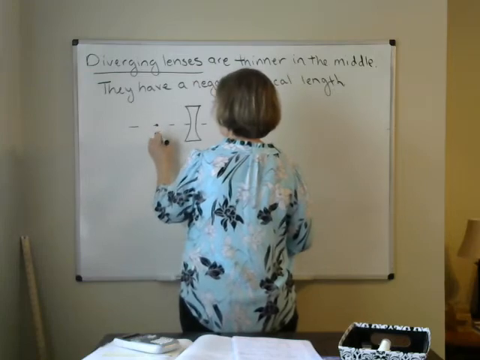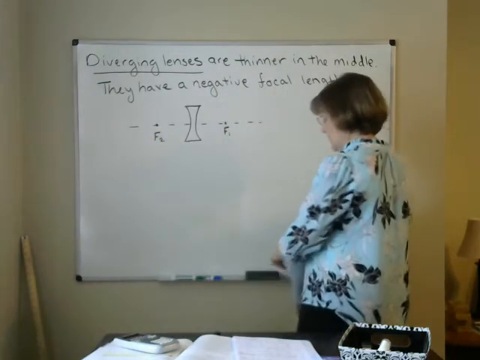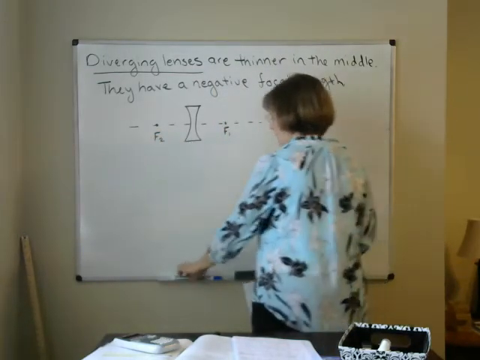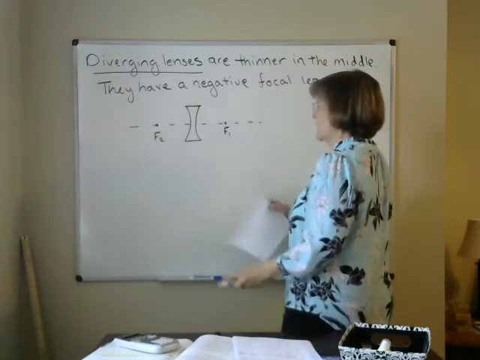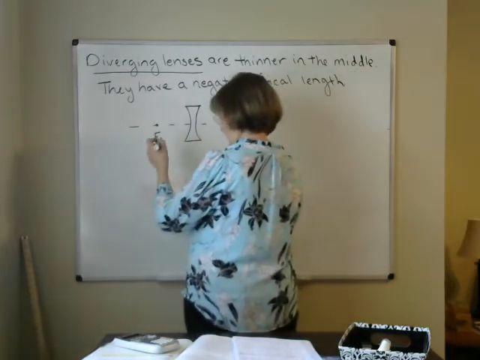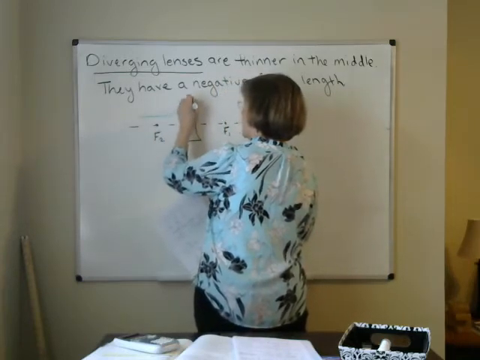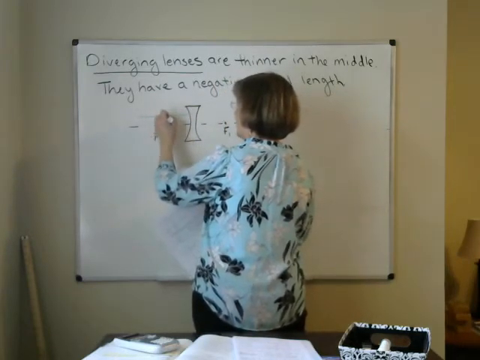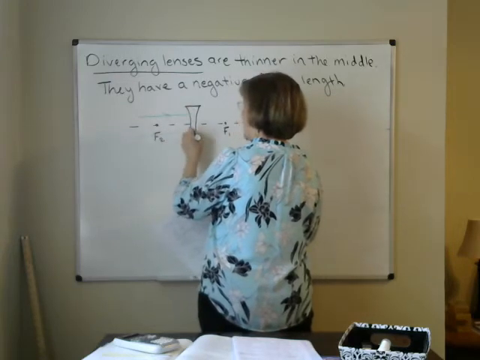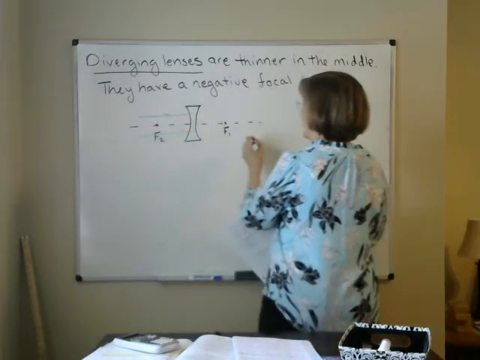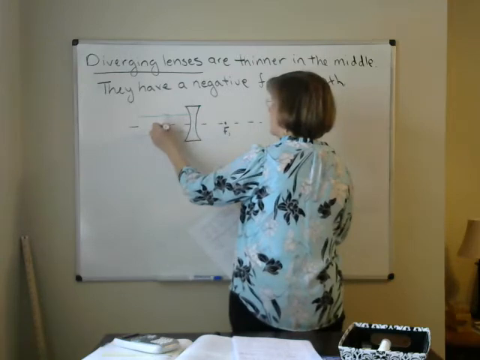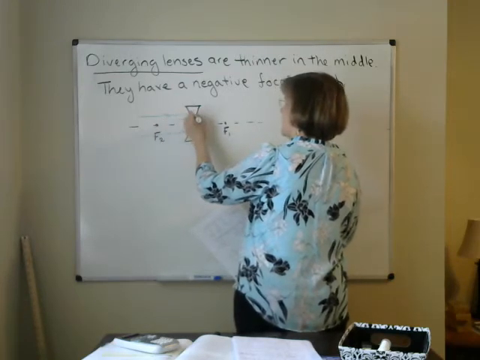That bothers me a little bit, but that's how they're labeled. If you have parallel rays that are coming in, let's draw that imaginary line. So here's some rays that are parallel to that axis coming in. They will actually diverge as if they came from this focal point.